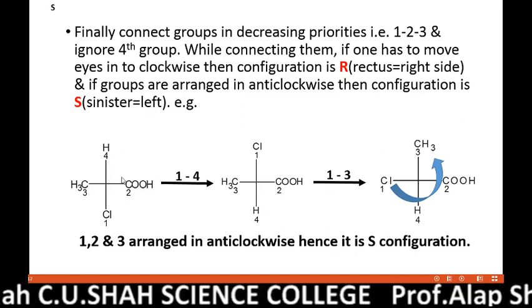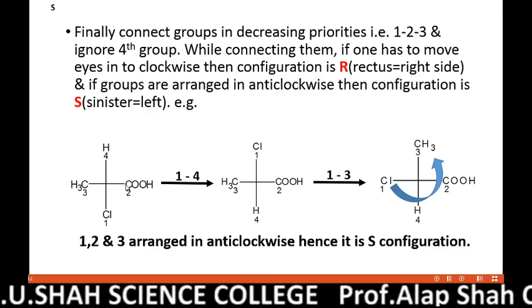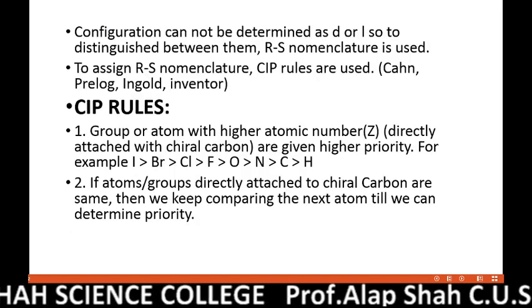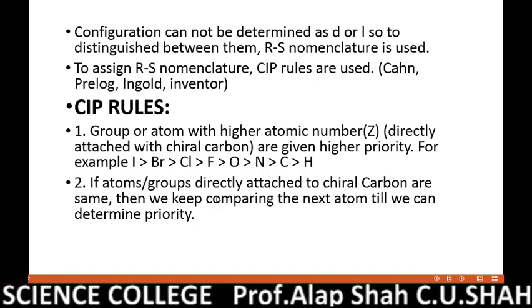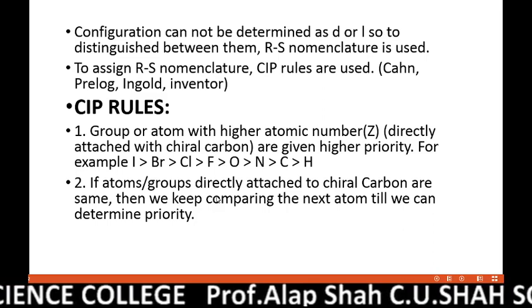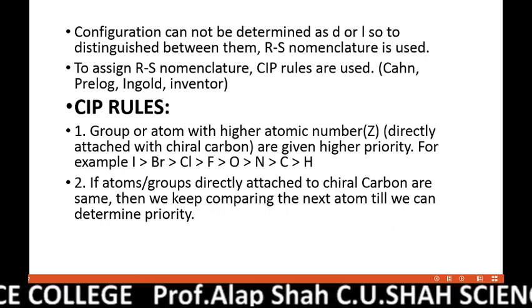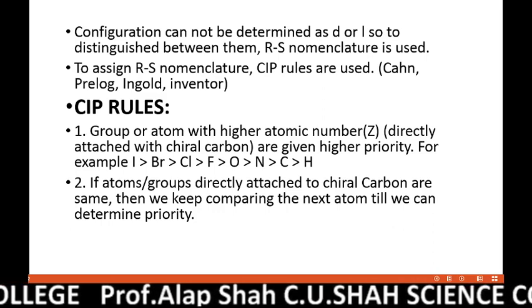But here both are carbons. In such a case where two groups are the same, we keep comparing the next atom of the group till we clearly get a higher priority than the other.